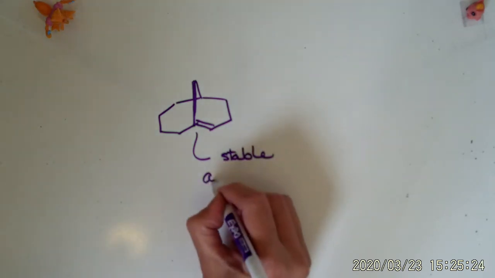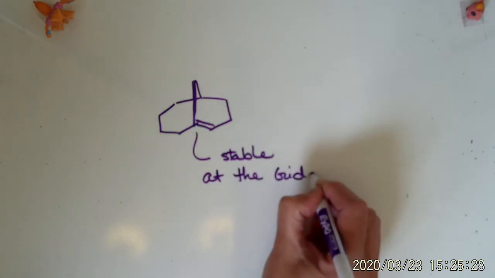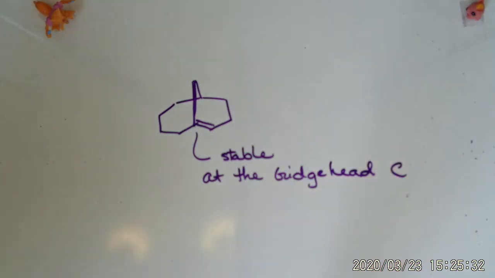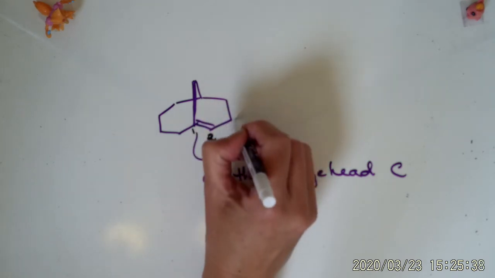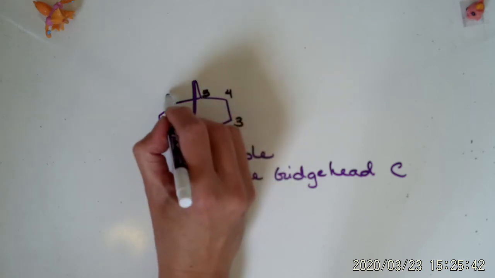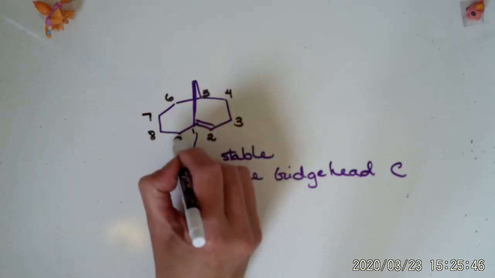Okay, at the bridgehead carbon. Okay, why is that? Because let's do a count. Suppose this is 1, 2, 3, 4, 5, 6, 7, 8, 9.